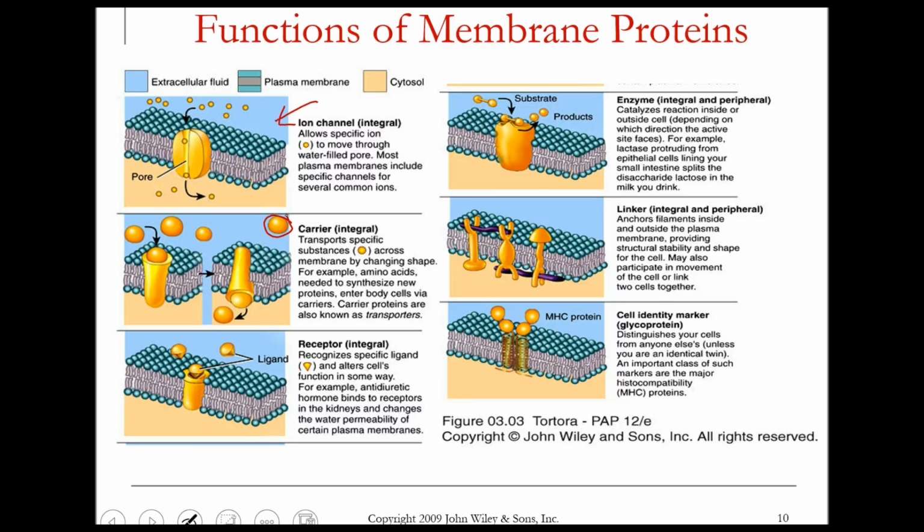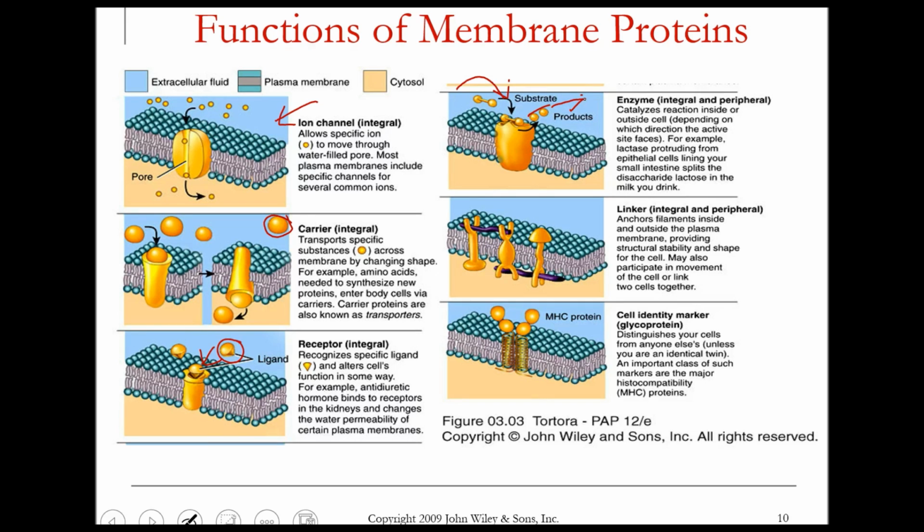These are often known as transporters. Receptors, and here you can see the ligand attaching to the shape of a protein. Many will be enzymes, so we have a substrate coming in and then a product coming out, products being produced.